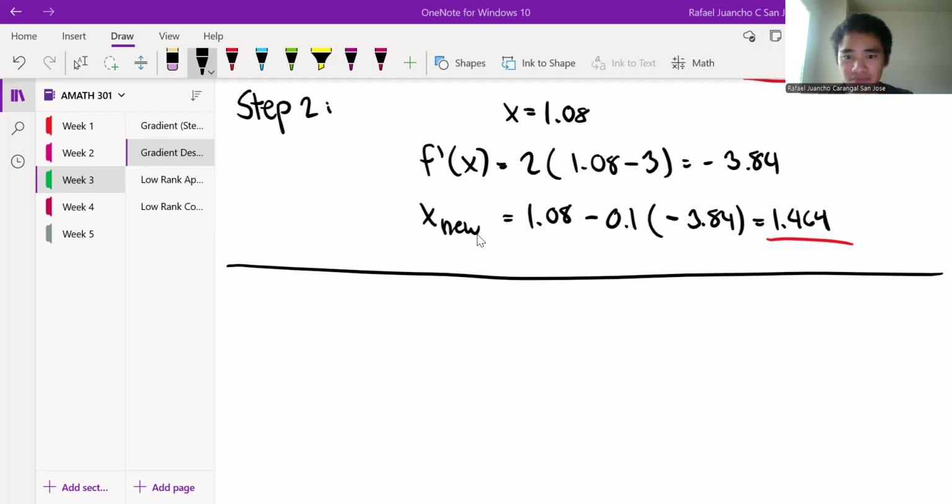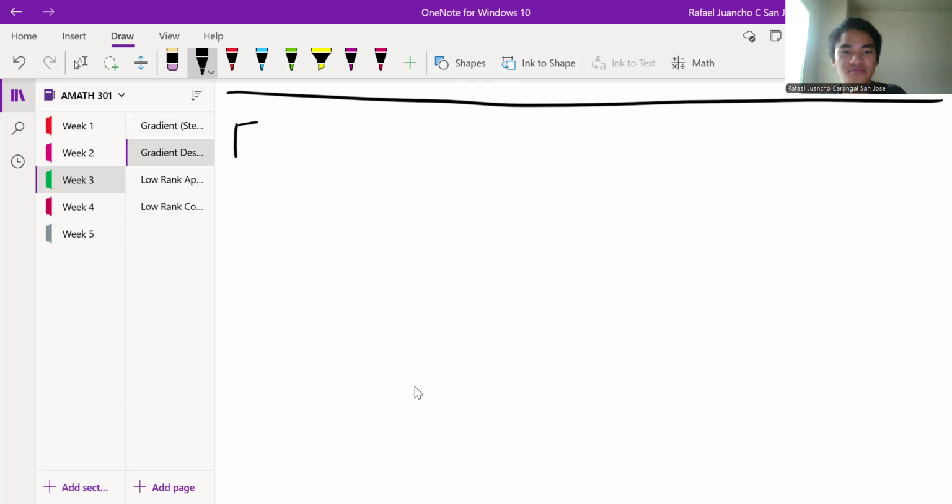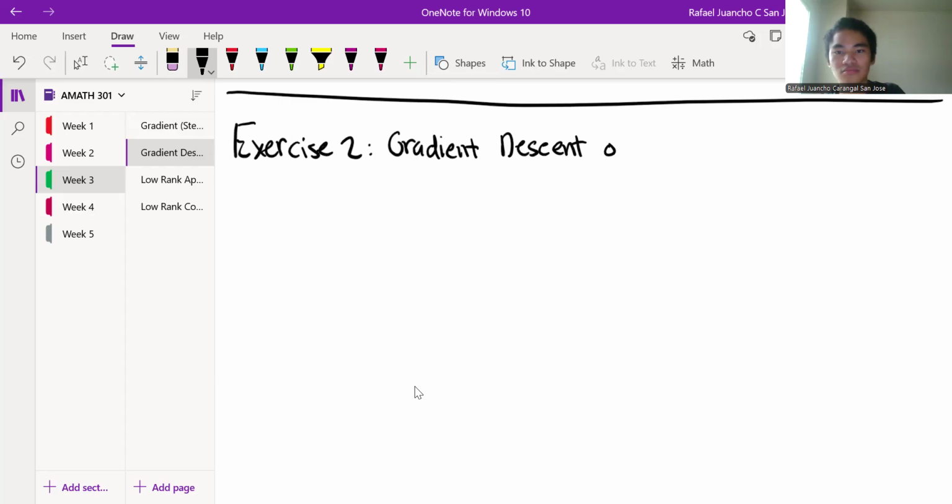So here, what do we see? We have a gradient descent. Oh, jeez, I'm not writing anything. So here it's a gradient descent on a 2D function.